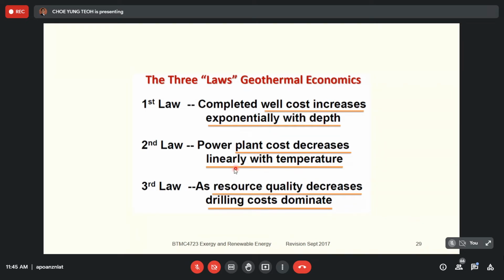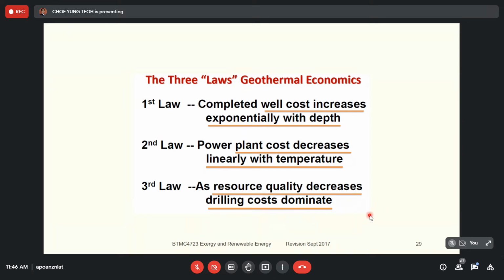But it will drop linearly. And then the third law: as the resource quality decreases, the drilling cost will dominate. It means that when the quality of the heat underground is low, the cost of the drilling will dominate the entire cost of the geothermal power plant.